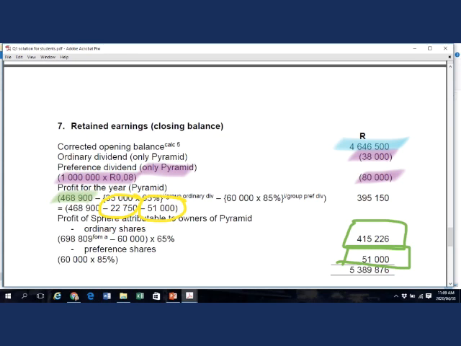So once we've done that, we've corrected the opening balance, we brought in the profit of the parent, eliminated the intragroup interest income, we brought in the profit of the subsidiary attributable to the owners of the parent, and finally deducted the dividend declared that is allowed to be in the group, which is only that of the parent. This then gives me my closing retained earnings that should have been transferred to the statement of financial position of 5,389,876.